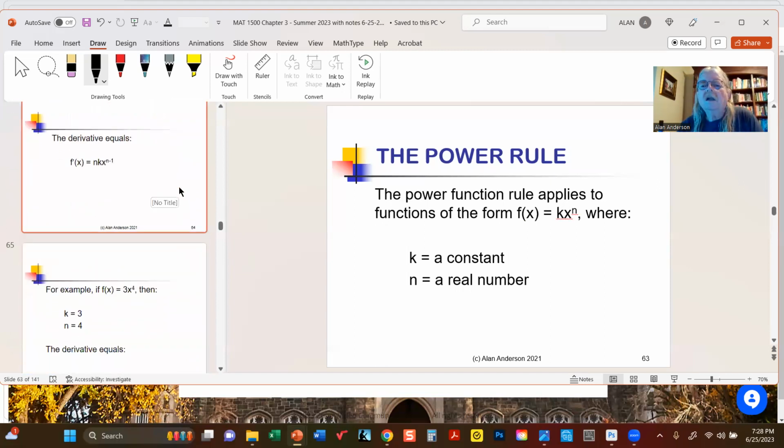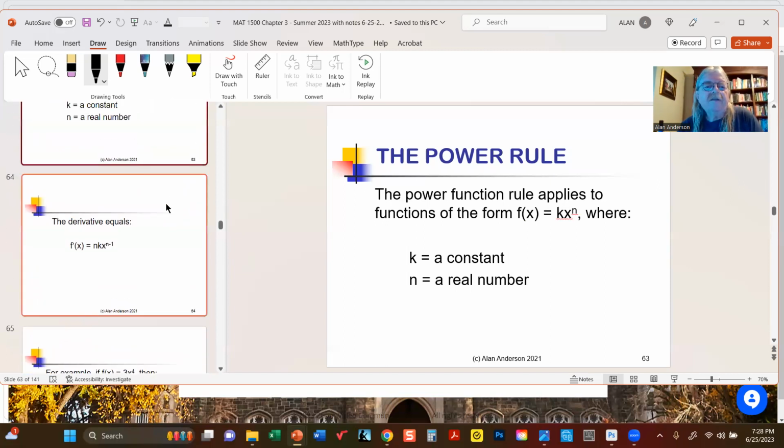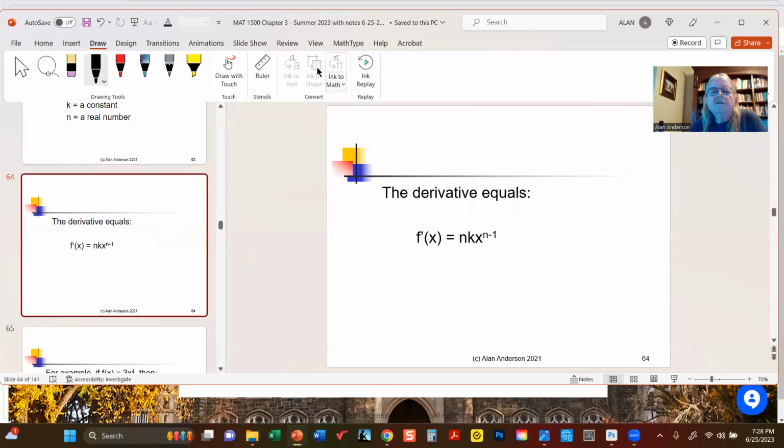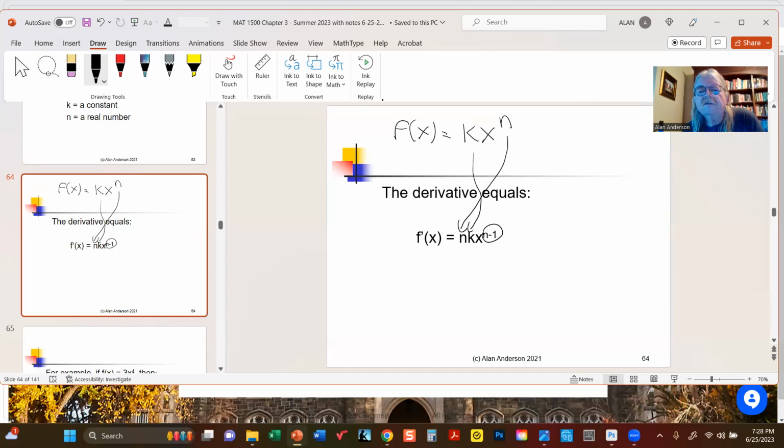So the derivative of that f of x, let me repeat it up here, is n times k times x raised to the n minus 1 power. So what you're basically doing is the n becomes a coefficient, k doesn't change, and you subtract 1 from the exponent.